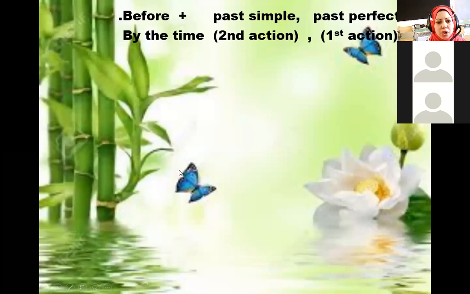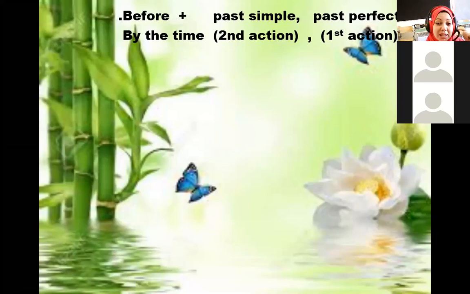What about before and by the time? Before and by the time are the opposite of after and as soon as. Before and by the time are followed by the second action, and its form is past simple, and the other sentence is in the past perfect tense.